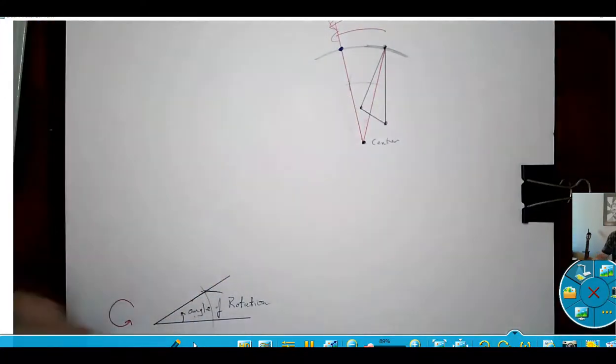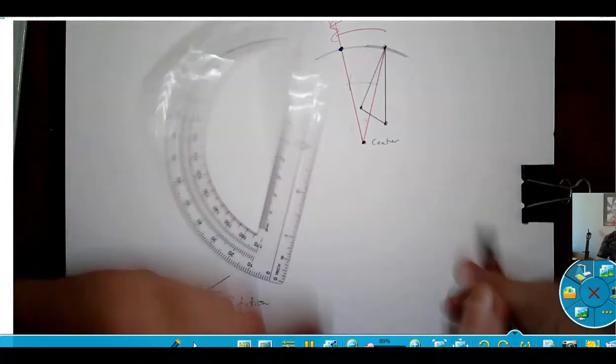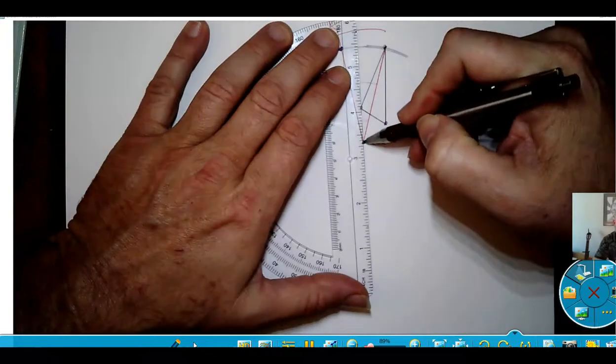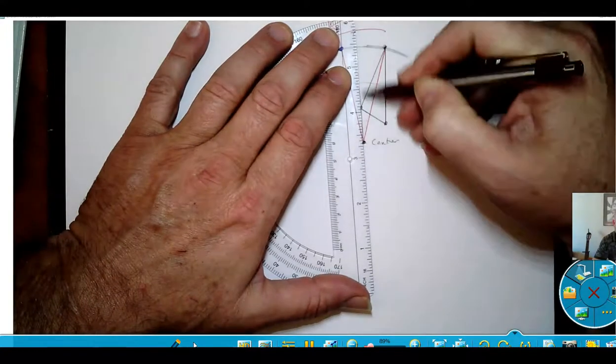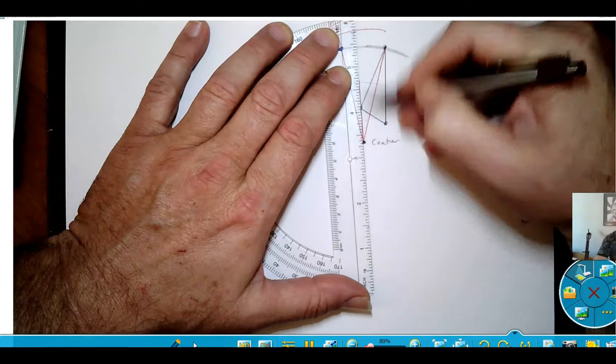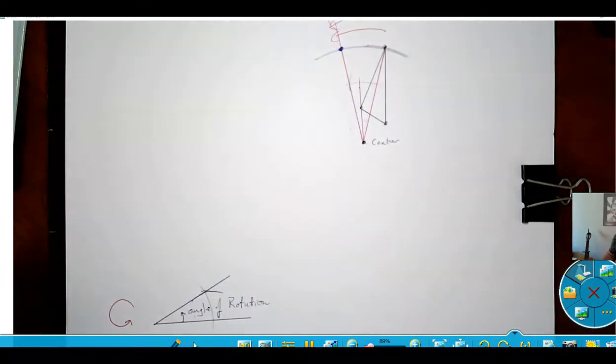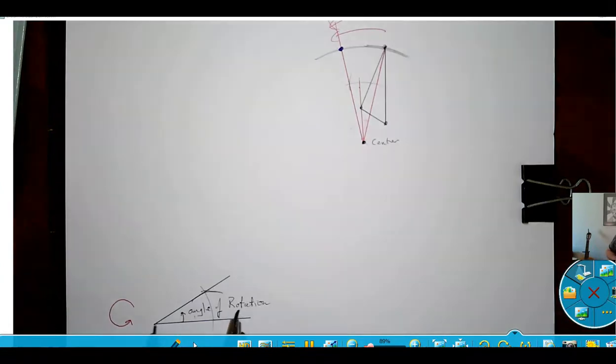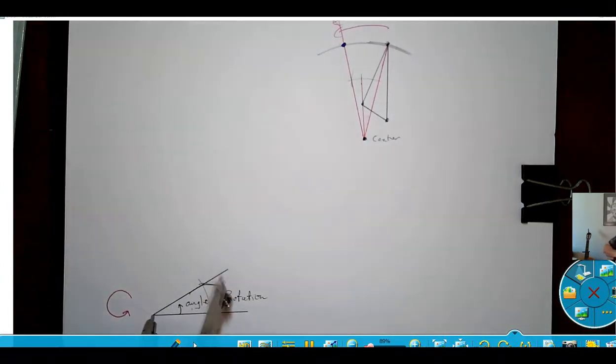Okay, so same business. I need to draw my line through and make it long enough so that I can copy the angle down here. Okay, so I need to copy this angle again, which means I got to do a whole bunch of stuff over. So let's just copy that arc.